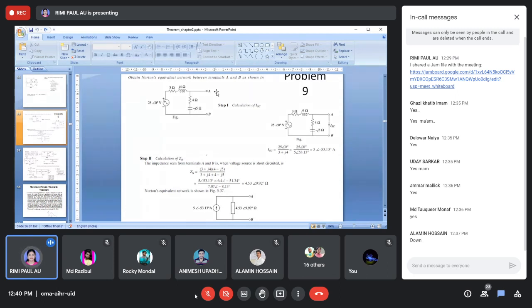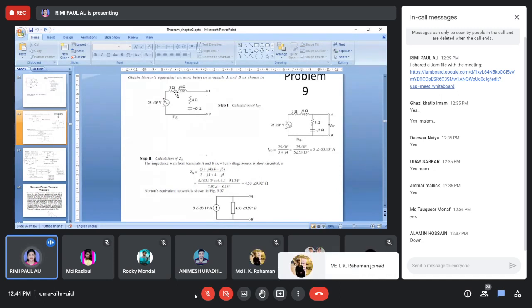First step: remove the load resistance and short circuit the path, then find ISC. Then, the same way, find ZN. That means if it is a voltage source, just remove it and short circuit the path, and if it is a current source, then open it, and you can find ZN.